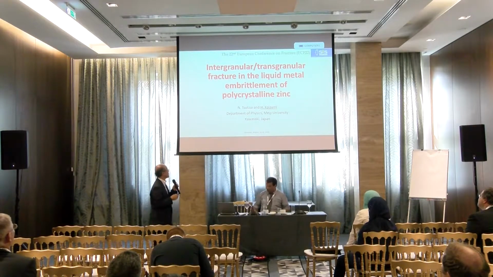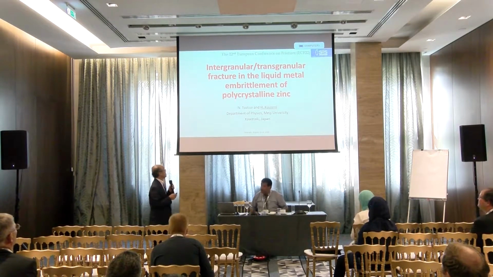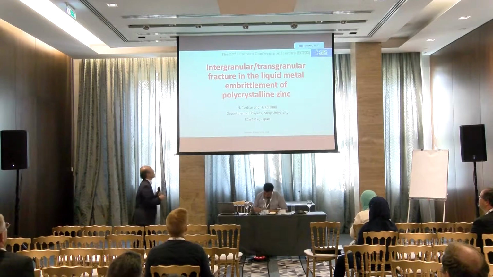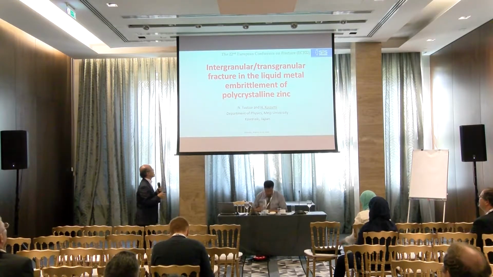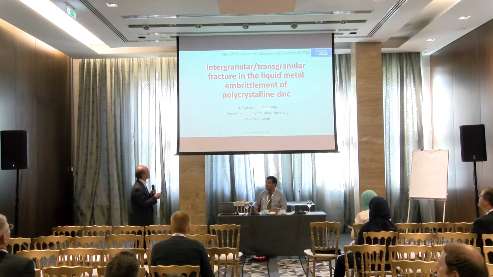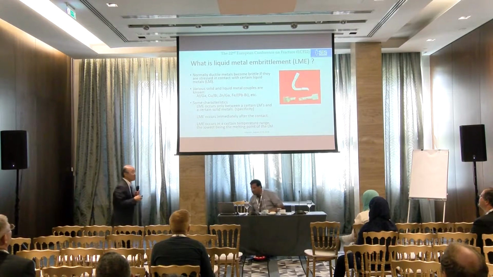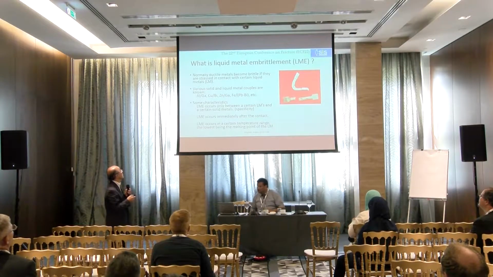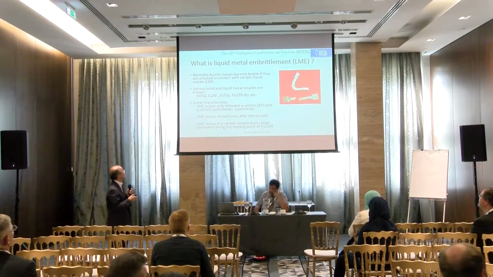My name is Koizumi, the second author of that. I'll talk about liquid metal embrittlement. Liquid metal embrittlement is a phenomenon where normally ductile metals become brittle if they are stressed in contact with certain liquid metals.